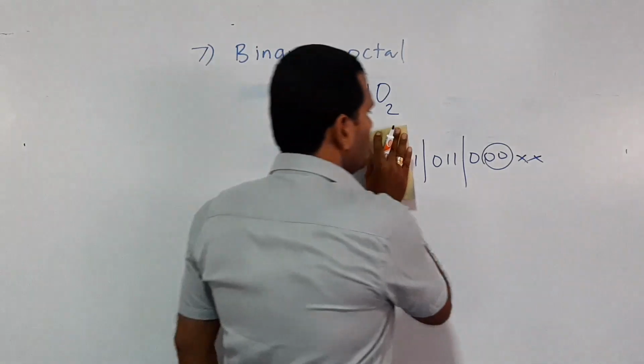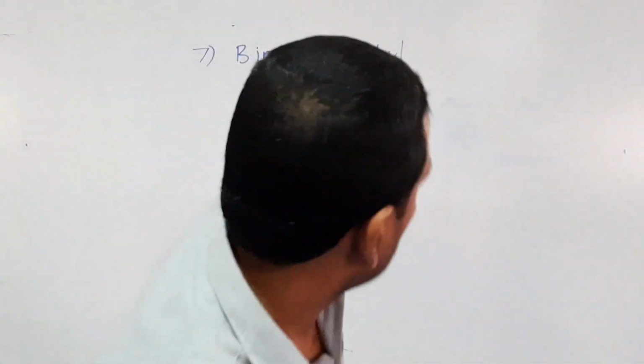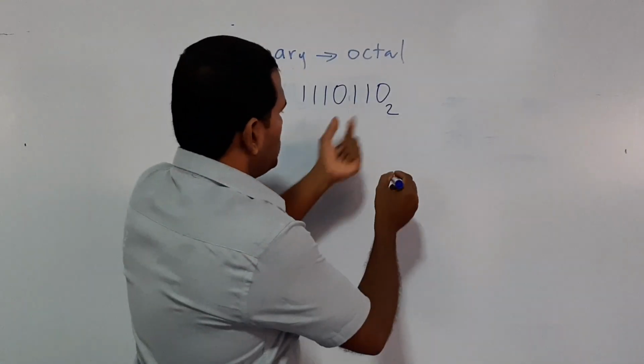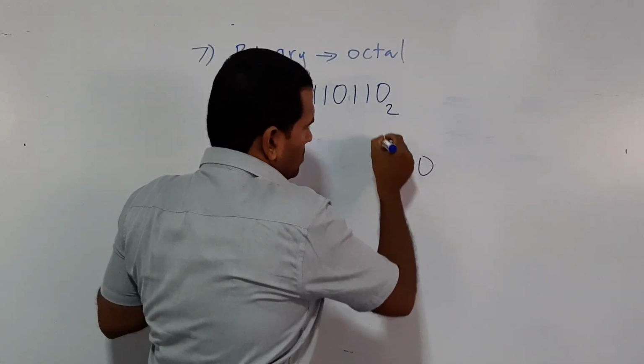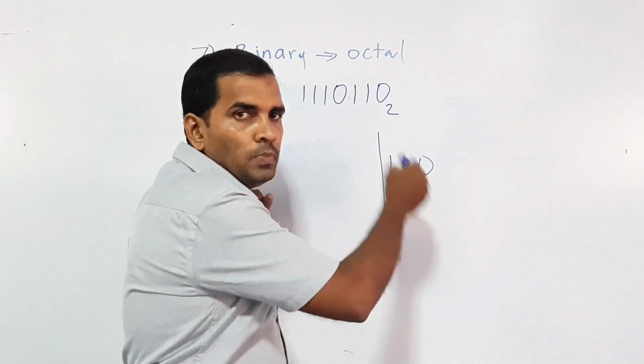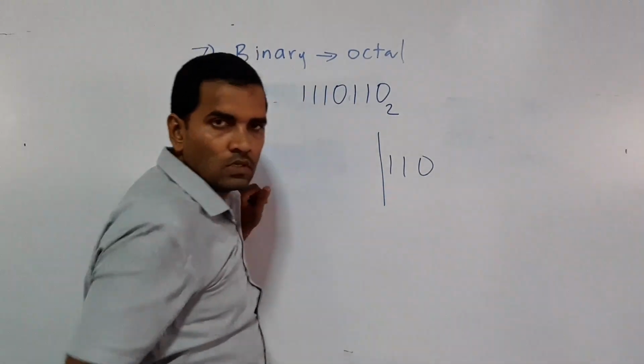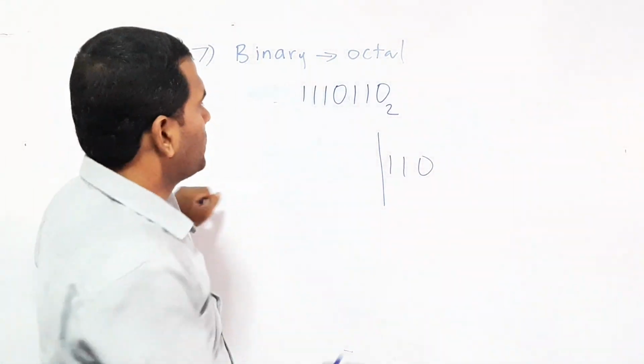So let's form the groups from the right side. Look here, 1, 1, 0, that is my first group. Look carefully, I'm grouping from the right side. So this is my first group that includes 3 digits, 1, 1, 0.